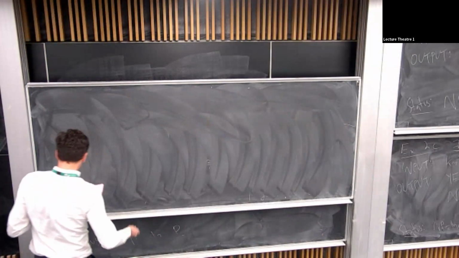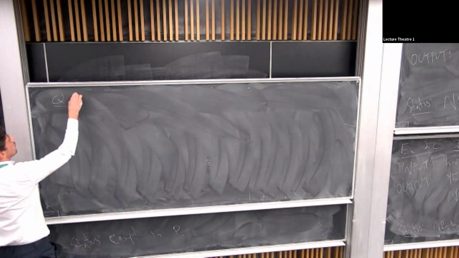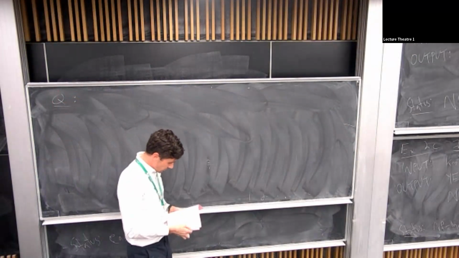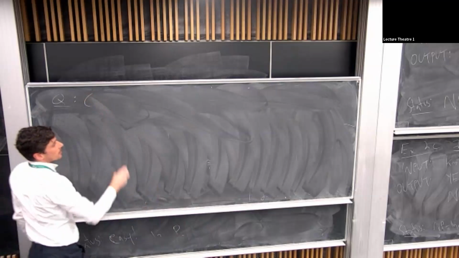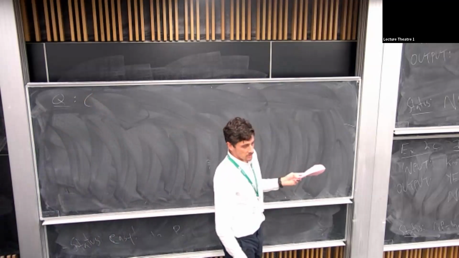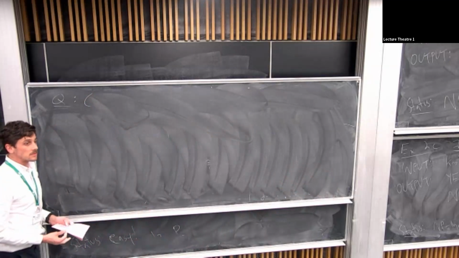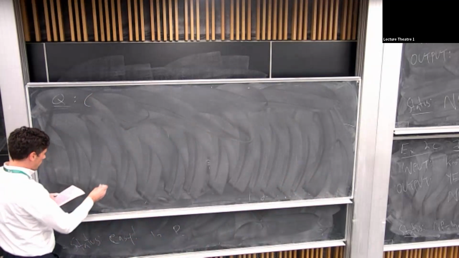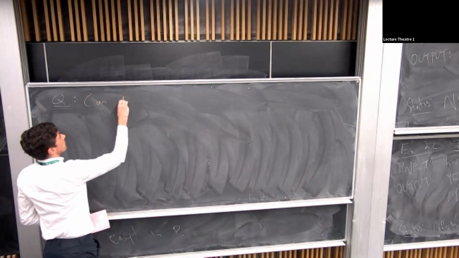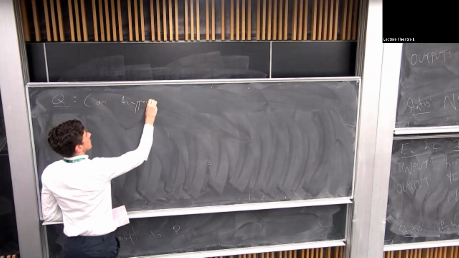Now the question that motivated the theorem I'm going to prove in a bit is, hyperbolic geometry is very useful in three-manifold topology, generally speaking, both theoretically and as a source of algorithms. So the question I had was, can hyperbolic geometry be useful for topological quantum computation?